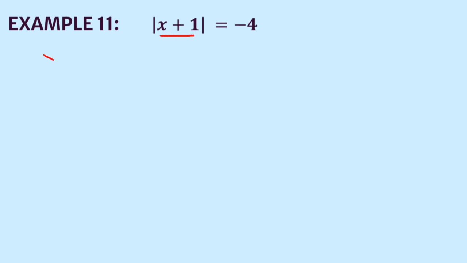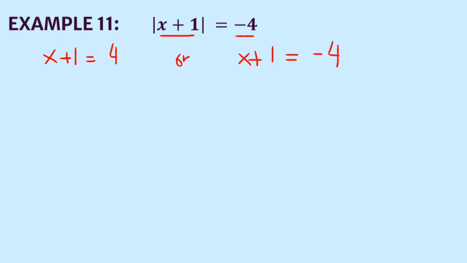So it's x plus 1 and equate it with the positive value of the right hand side. So what is the positive for negative 4? It is 4. Now for the second statement, we have to take out the expression inside the absolute value notation and equate it with the negative value of the right hand side, which is negative 4.